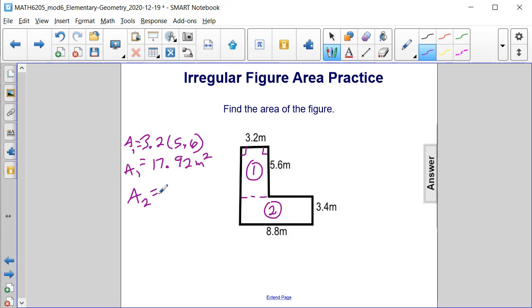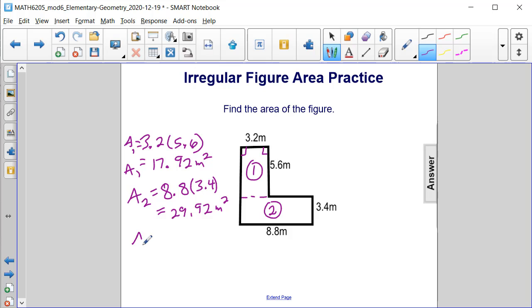Now area 2 would be multiplying 8.8, or 8 and 8/10, times 3 and 4/10 meters. And when we do that, we will get the value of 29 and 92 hundredths of a square meter.